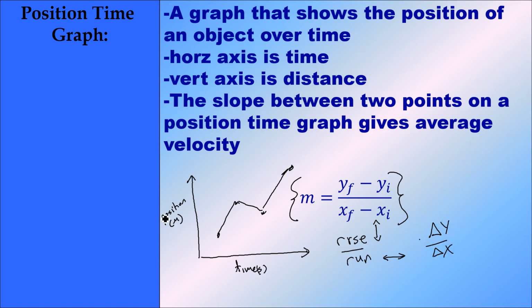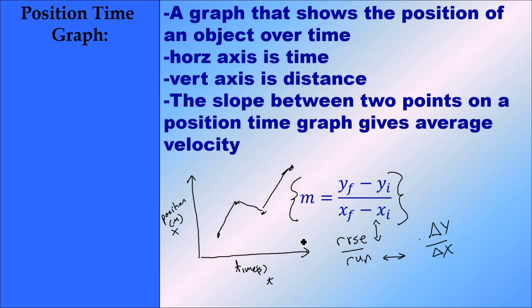But in this case, you don't want to get too confused, our position is on the y-axis when we're graphing. But remember, for physics, position are the x values in the formulas, and time is t.